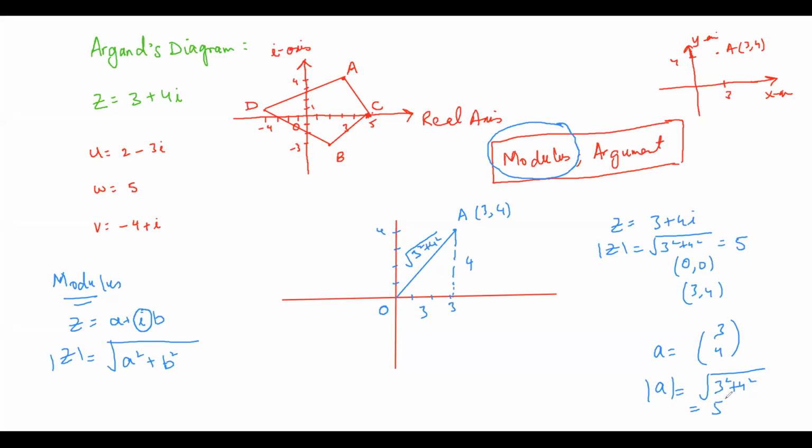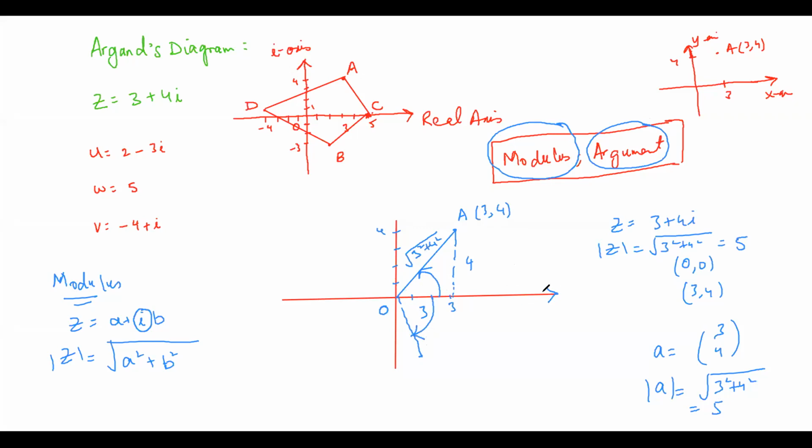Now the second thing is the argument. The argument of a complex number is the angle that it makes, either anti-clockwise or clockwise, from the positive real axis. Suppose your complex number is somewhere over here. Its argument would be this angle.